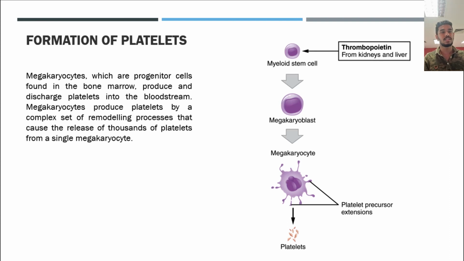Megakaryocytes, which are progenitor cells, discharge platelets into the bloodstream, because they are too huge and rupture at the moment they enter the capillary. So that's about it.